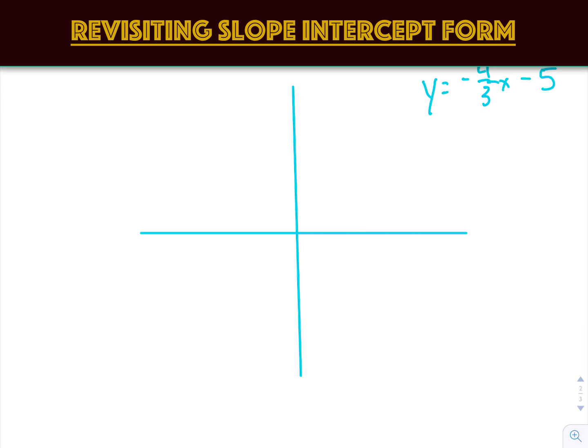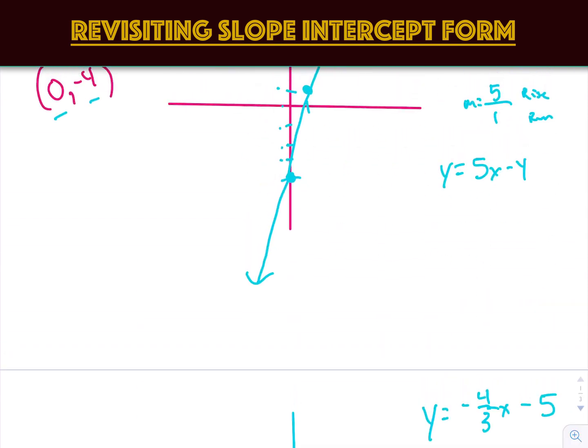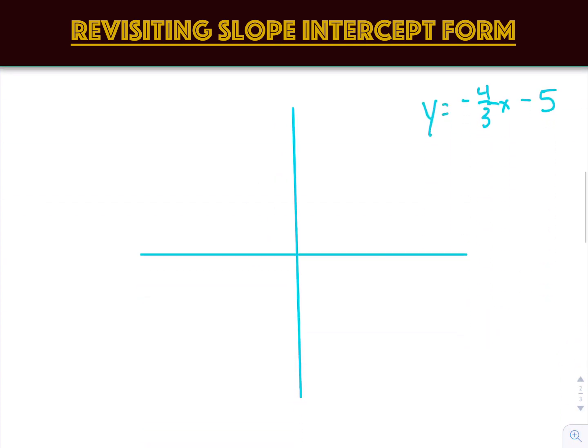If anything, it actually saves us a step because we don't have to turn our whole number into a fraction. It already is a fraction for us. My y-intercept here, b, is negative 5, m, my slope, my growth is negative 4/3.